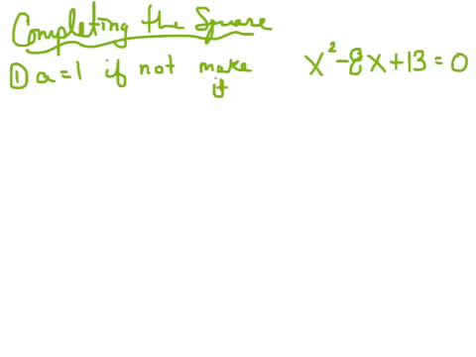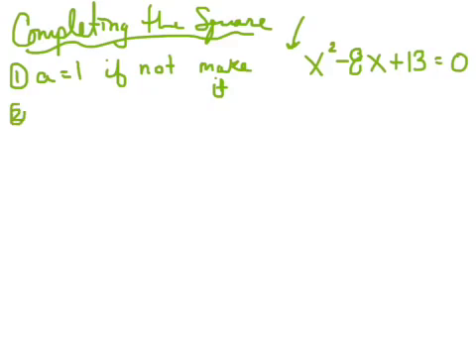For this particular one, it is a 1. If there's not a number listed, it's understood to be 1, so we're good to go. If it wasn't a 1, I would divide every piece by that number. Now that could lead us to having fractions, and usually that's not a very good outcome for most people, but it is something that we could do.